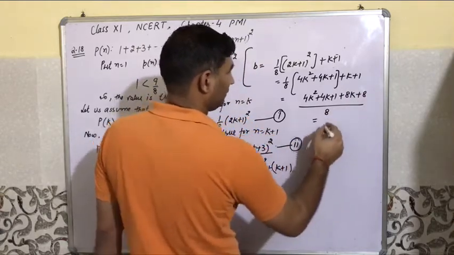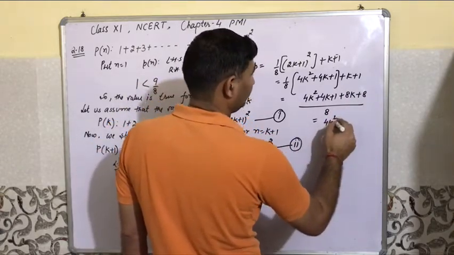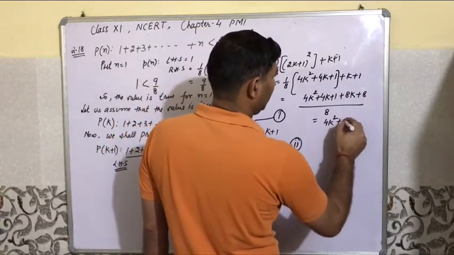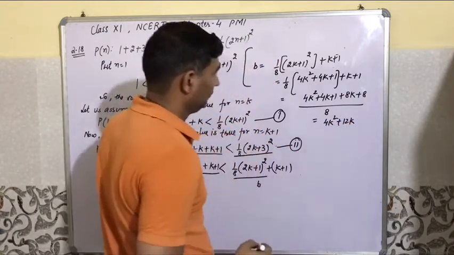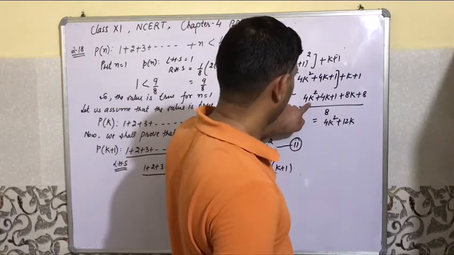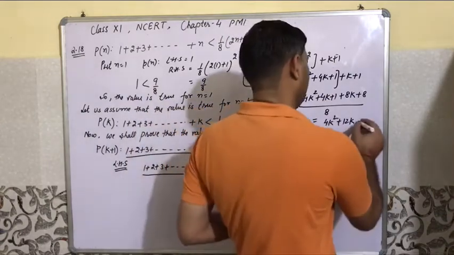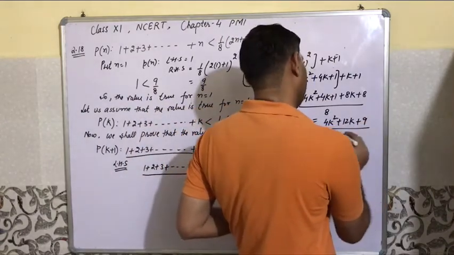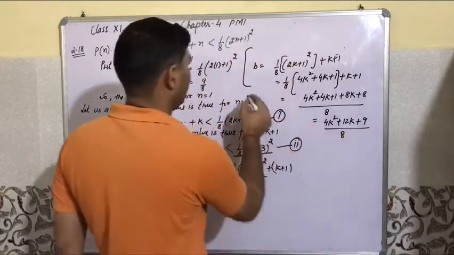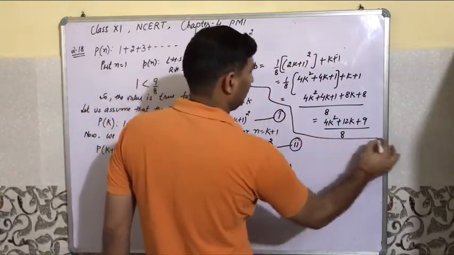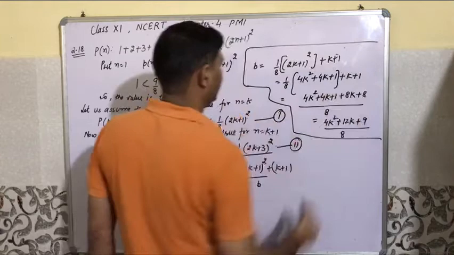Then this value is 4k square plus 12k plus 9 divided by 8. This is the value of b that we have.